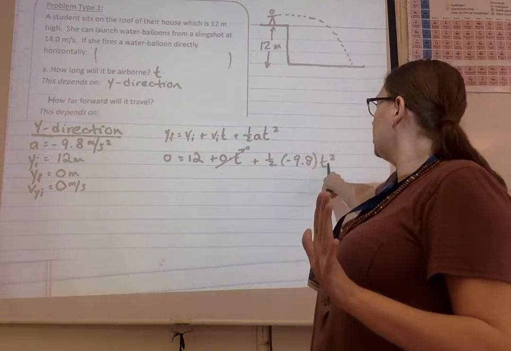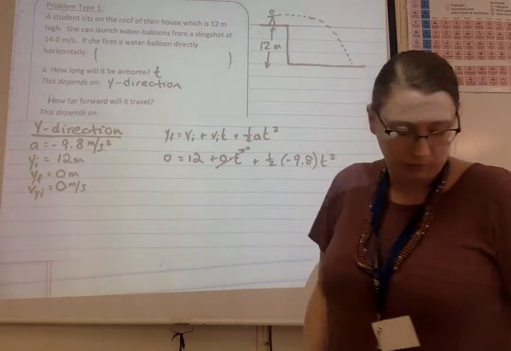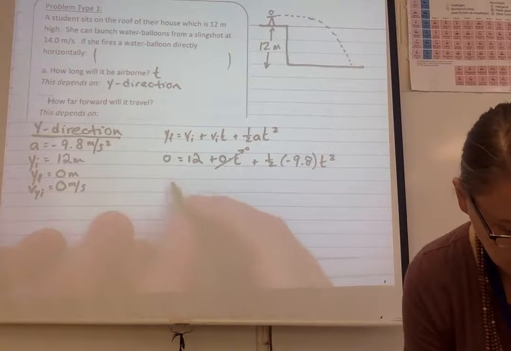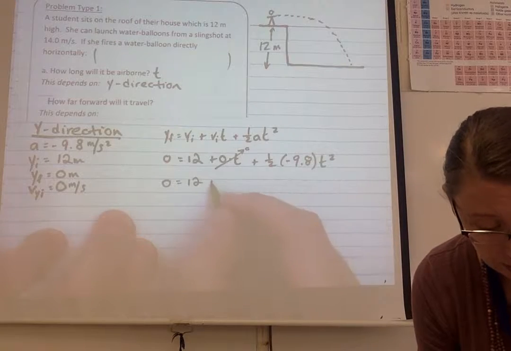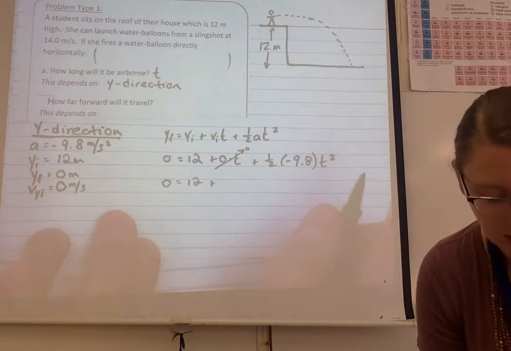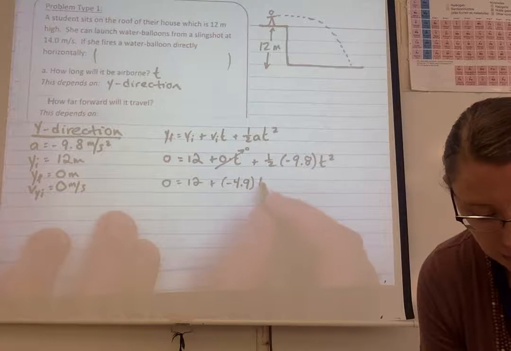So I have an equation, and I think I can solve for t. Good. Let me see what I got. I'm going to multiply these things together. 0 stays 0, 12 stays 12, plus 0, I don't need to write that, plus 1/2 times negative 9.8, so it's a negative 4.9 t squared.